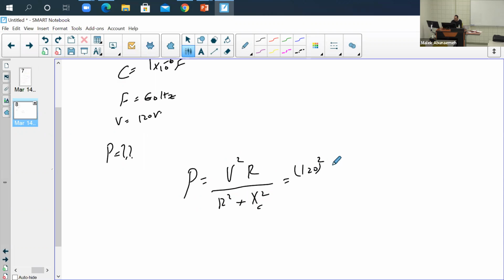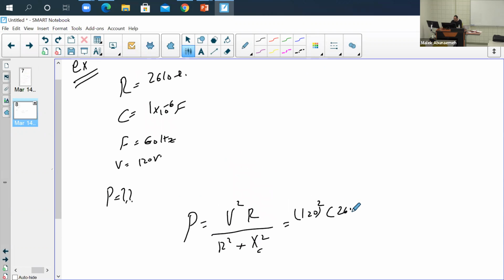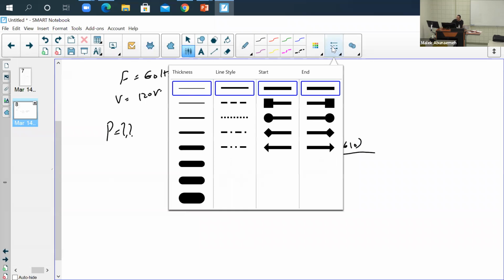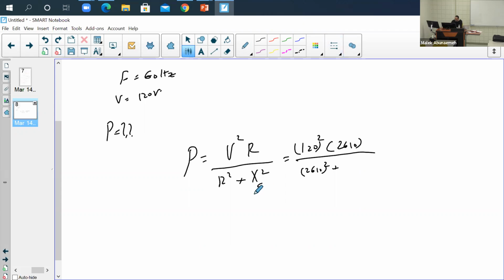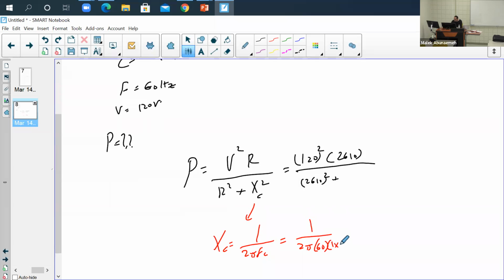120 squared multiplied by your resistance, which is 2610, divided by your 2610 squared, plus we need this little fellow, that capacitive reactance. So our capacitive reactance XC is going to equal to 1 over 2 pi FC, which is going to equal to 1 over 2 pi multiplied by your 60 for your frequency, multiplied by your capacitance of 1 microfarad.